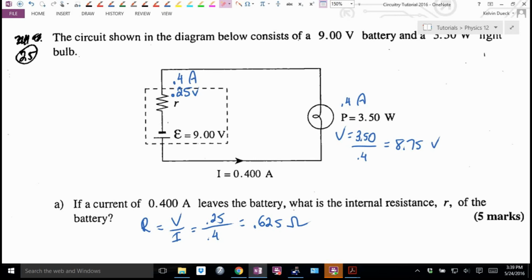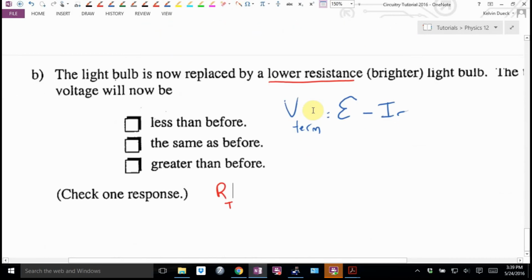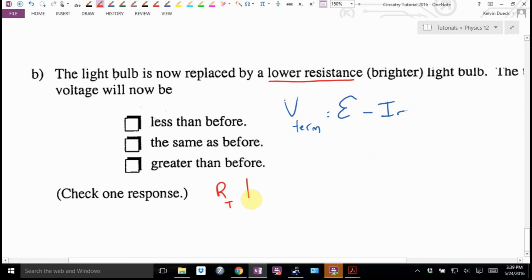So if this resistor got smaller, which is what the question says, what would happen to the total resistance? Bigger, smaller, or stay the same? Okay, so my first argument here is going to be our total decreases. That's what happens when you pop the bulb out, replace it with a lower resistance bulb.